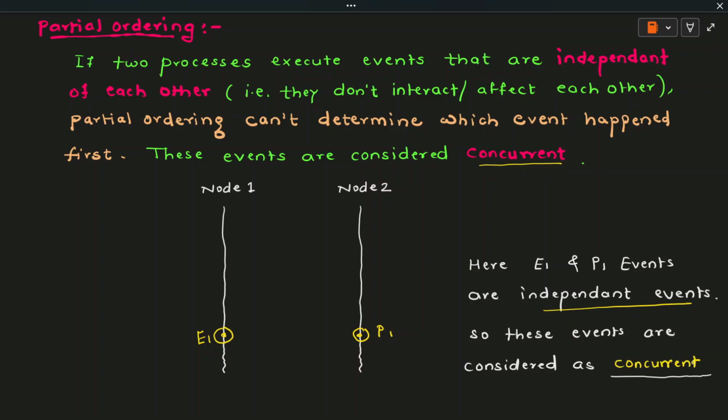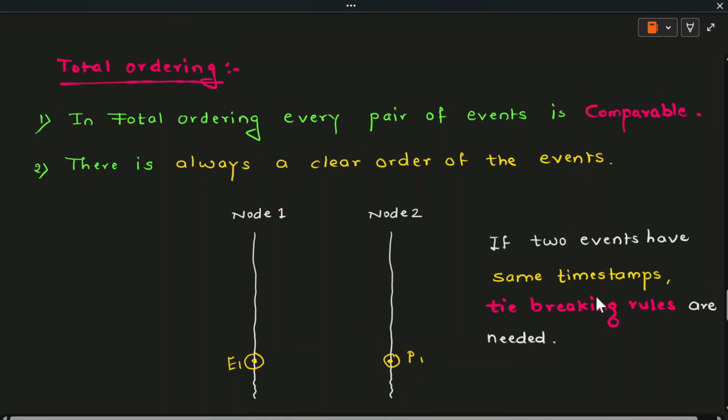For such events there is no mechanism for ordering, so we cannot decide the order of their execution. These events cannot be ordered by using the partial ordering mechanism, and they are categorized as concurrent events. The drawback with the partial ordering mechanism was that it was unable to order the concurrent events.